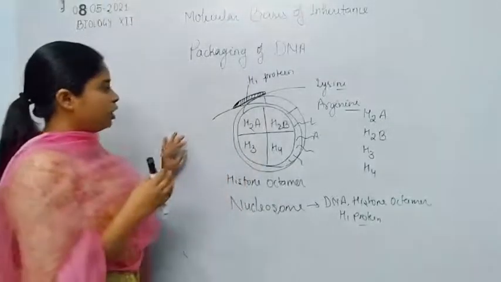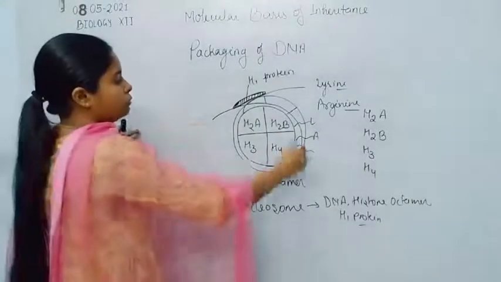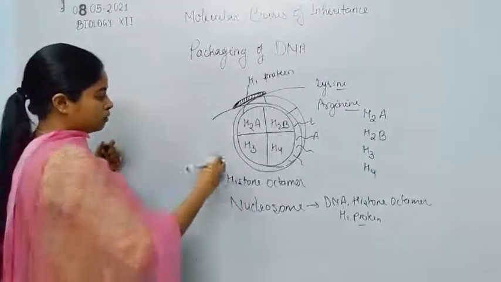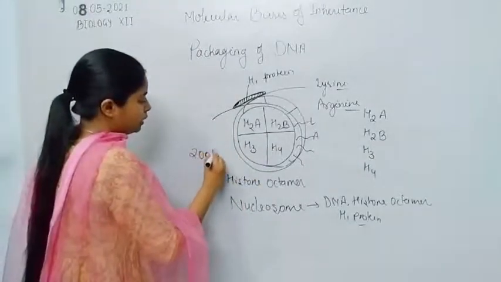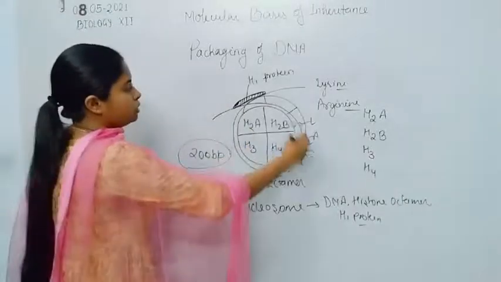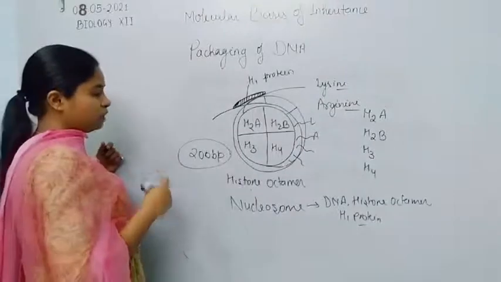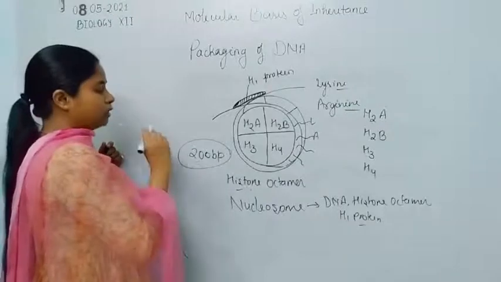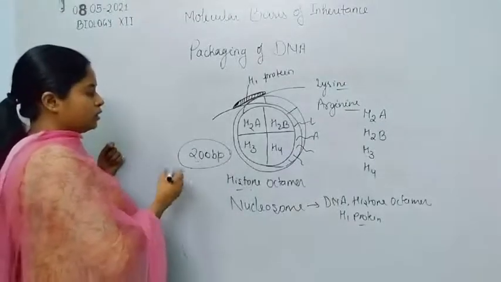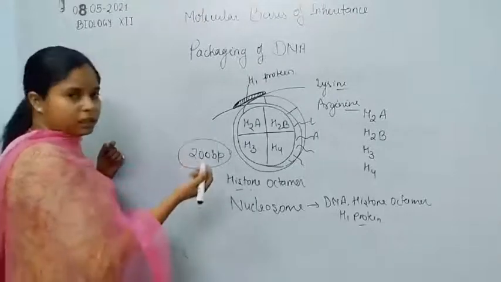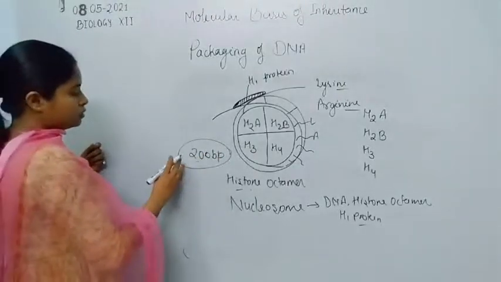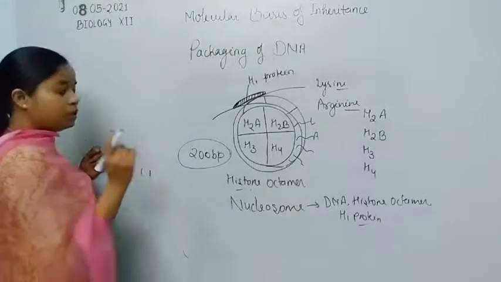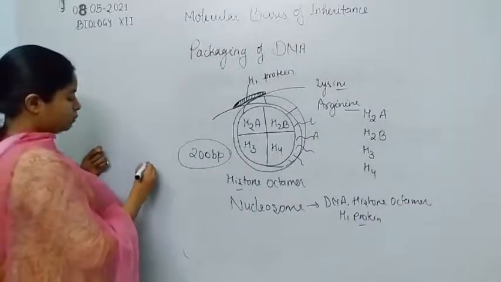Now, during the wrapping of the DNA molecule around the histone octamer, about 200 base pairs are covered by the DNA. If we want to calculate the length of this region, we can multiply. The distance between two base pairs is 3.4 angstrom.